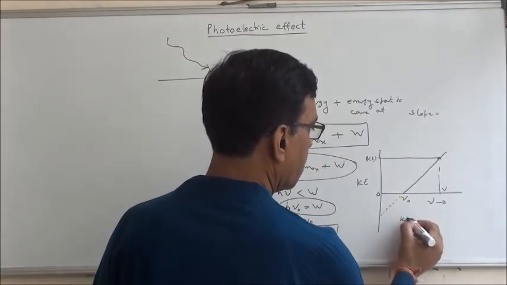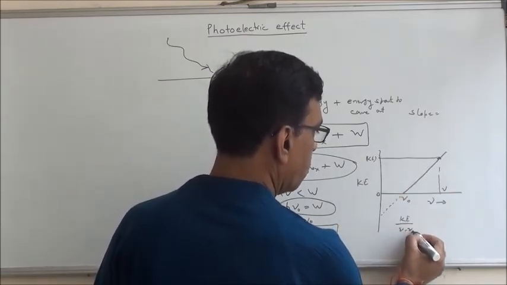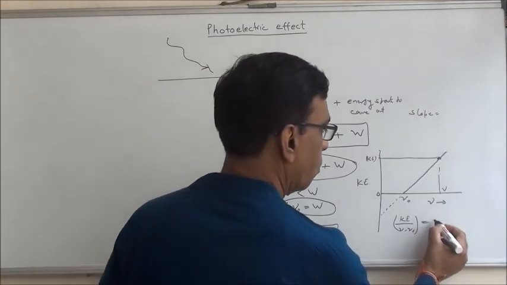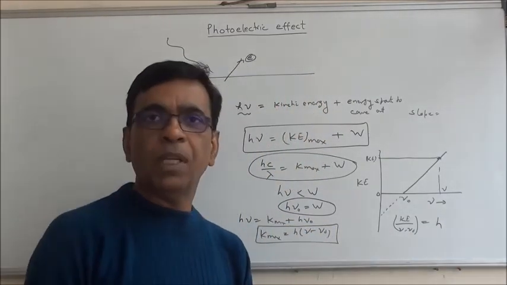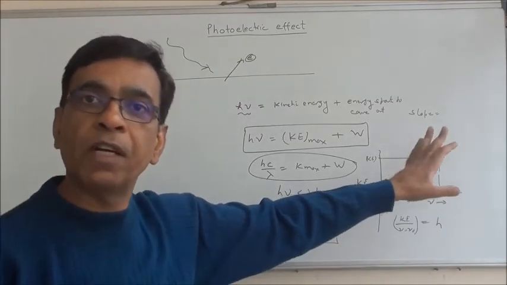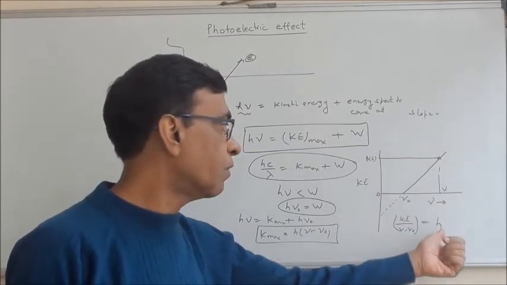So kinetic energy minus 0 divided by nu minus nu naught. This is the slope. And what is this? Equal to h. So if I draw this graph for different materials, the slope will remain the same. The slope of this graph is the Planck's constant.